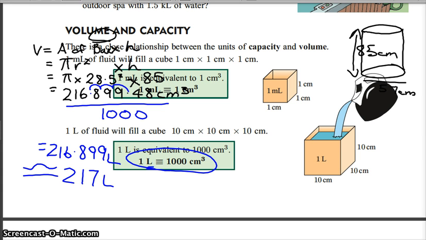Not enough of us understand we need to divide that. Okay? If we had 2,000, we'd have 2 litres. 2,000 divided by 1,000 gives us 2, and that's what we need to get into our psyche a bit better.